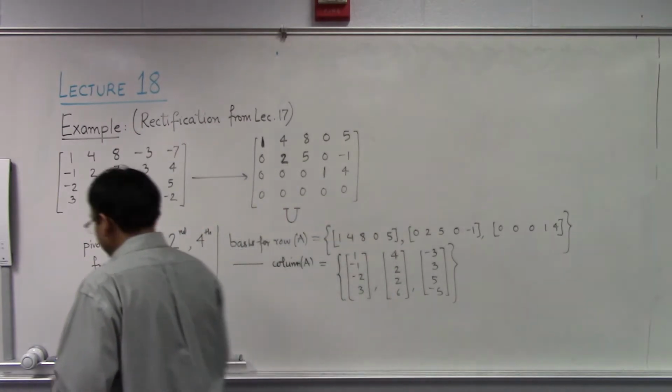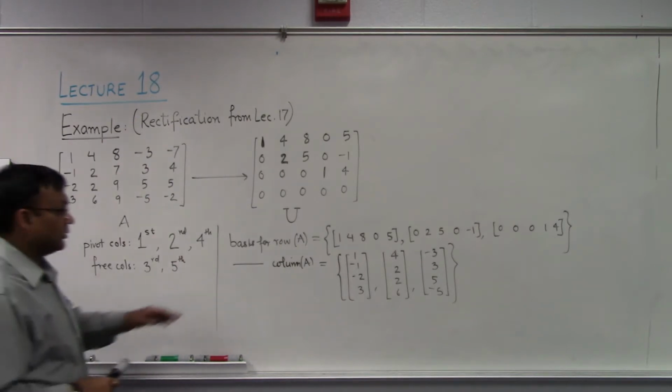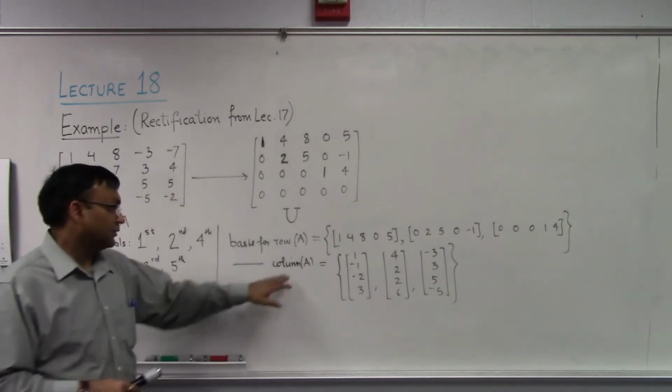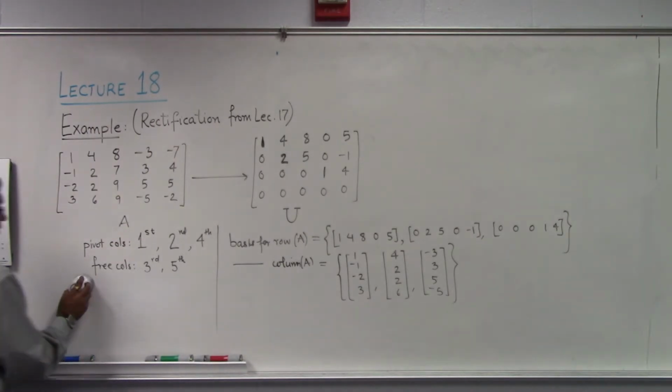So as you can very well see, the basis for the column space of A also consists of 3 vectors. Rank is 3, so the dimension of both the row space and the column space is 3. And these will also be the basis for the column space of A transpose and the row space of A transpose. Okay. Now the question was, what about the null space?